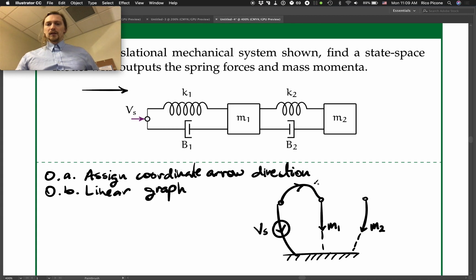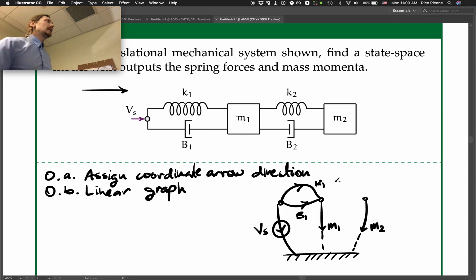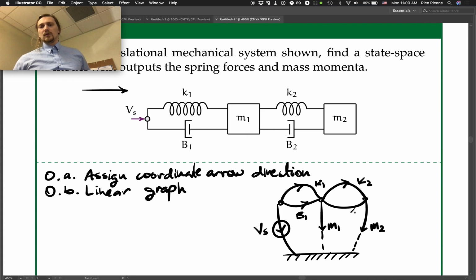So you've got your K1 and your B1. And I drew the arrows in the direction of the coordinate arrow, from the massless node to M1, and then from M1 to M2, K2, B2. Awesome.